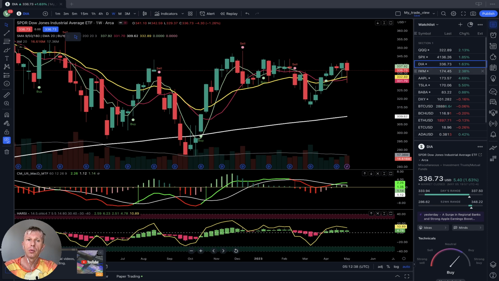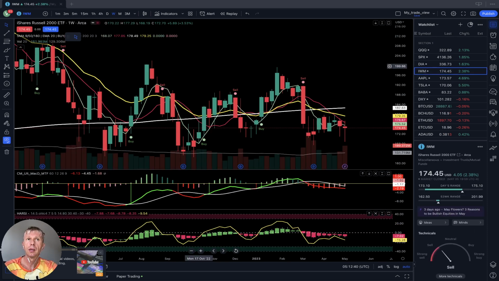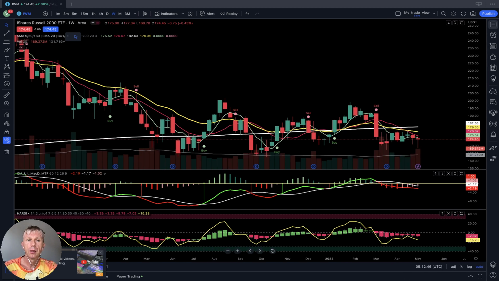Let's move to IWM, the weakest index. Let's start weekly. What do we have weekly? Last bar below all moving averages, bearish trend.